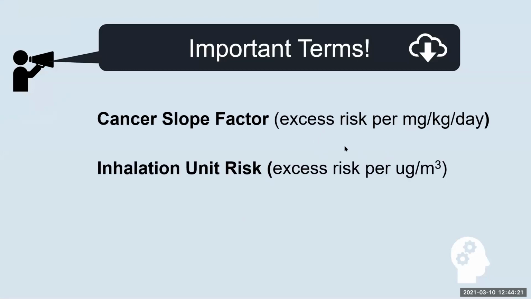Now, the inhalation unit risk is a similar concept, but it's for a concentration. It's excess risk per microgram per meter cubed, or it might be milligram, but we'll stick with microgram. The cancer slope factor or the inhalation unit risk factor can be multiplied by an estimate of the lifetime exposure, in milligrams per kilogram per day, to estimate the lifetime cancer risk.